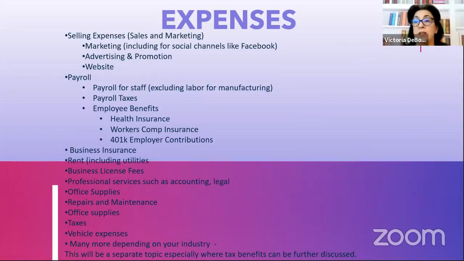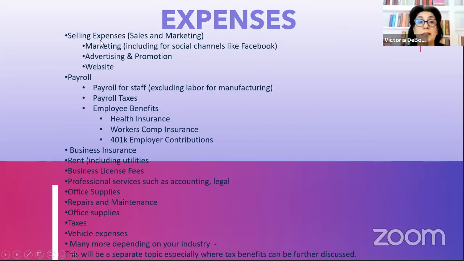So the next section that comes up is all the other expenses, expenses that are a little more fixed for the most part. They're not necessarily related directly to the sales of the specific products or services you're offering. So the first section that I usually see listed, and everybody does this part a little bit differently, is what is the cost to sell what I've got?